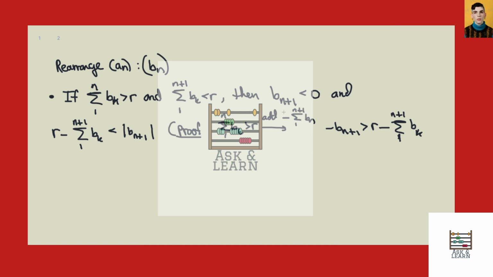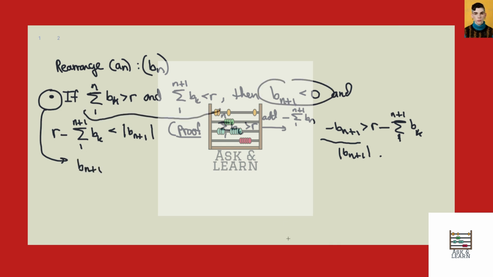And now since b_{n+1} is a negative number, this is a positive number. And so that's why we can just denote this by b_{n+1}. So here, in this case, we want to know how should we choose b_{n+1}. Well, we see that it has to be a negative number because of this.